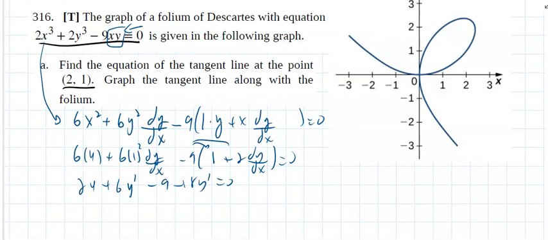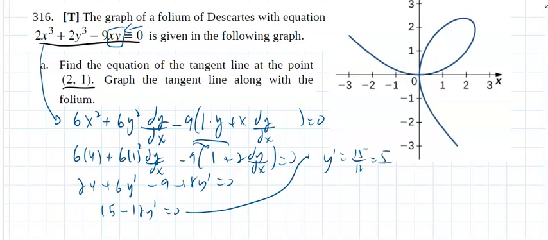I'm looking at 15 minus 12y prime equal to 0. That means I'm looking at y prime equaling 15 over 12, which is 5/4. And the equation would be y minus 1 equal 5/4 into x minus 2.